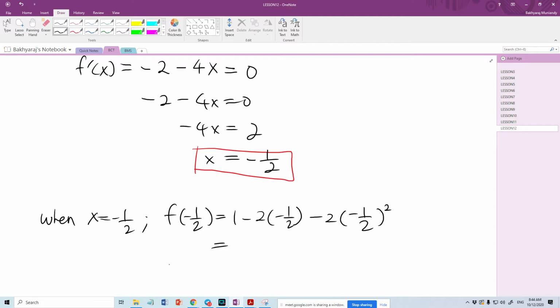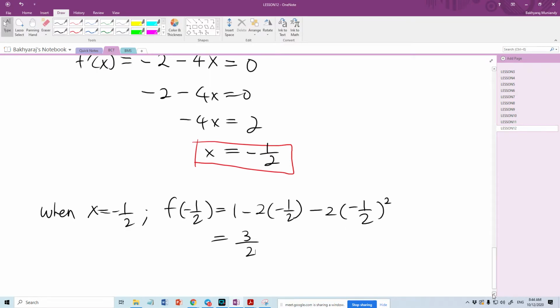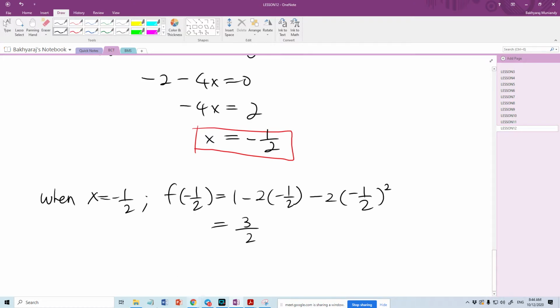Kita dapat 3 over 2. Okay, now once you get the x value and y value, we give conclusion. Stationary point will be equal negative 1 over 2, 3 over 2.